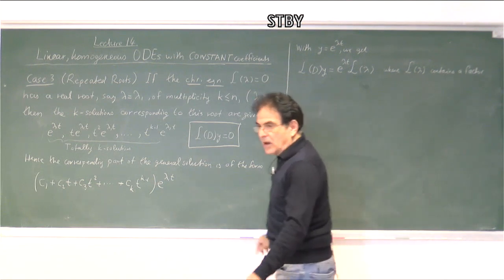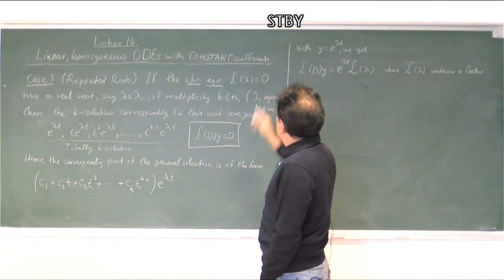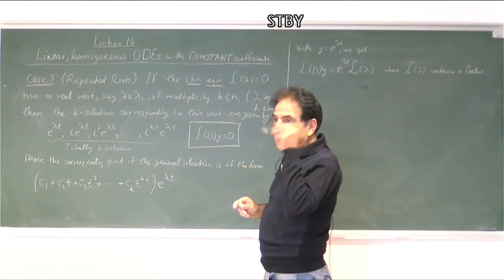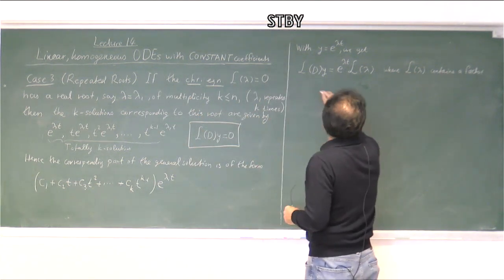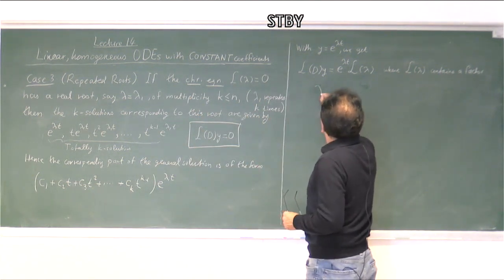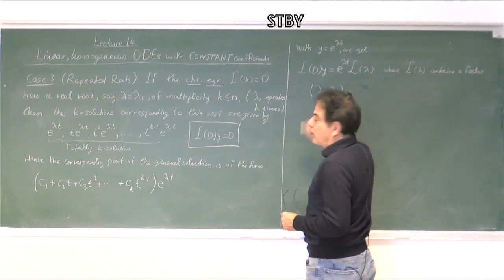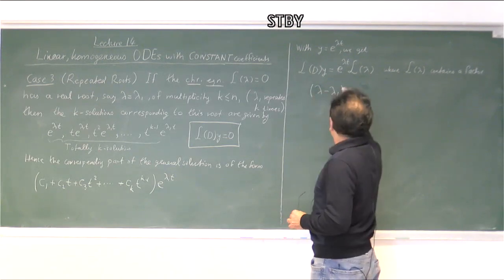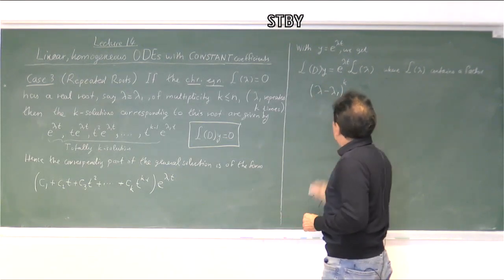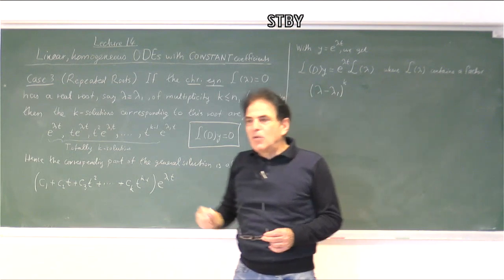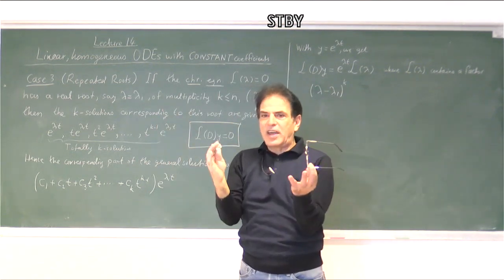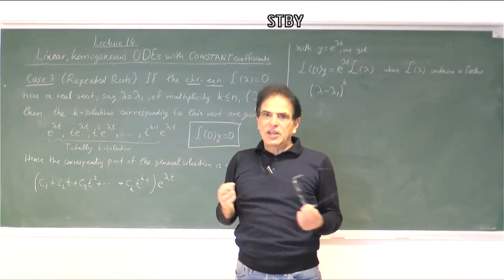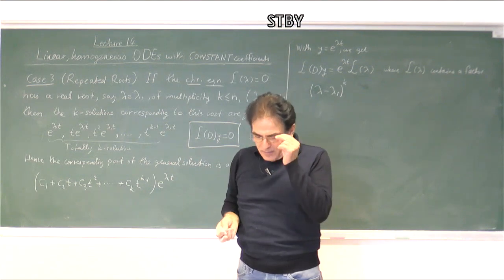Look, what is our assumption? The number lambda 1 is a root. So L of lambda contains this factor. However, since it repeats k times, we must have lambda minus lambda 1 to power k as a factor in the characteristic polynomial. Okay?